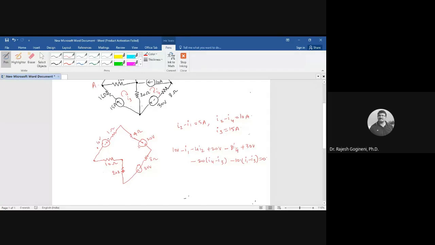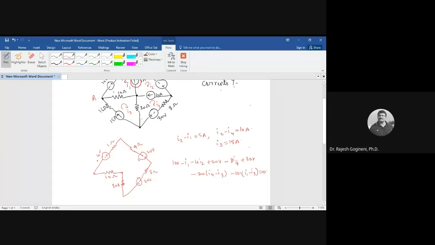Is it right? 10 volts minus I1 minus 4 I2 plus 20 minus 8 I4 plus 30 volts minus 20 into (I4 minus I3) minus 10 into (I1 minus I3) is equal to 0.